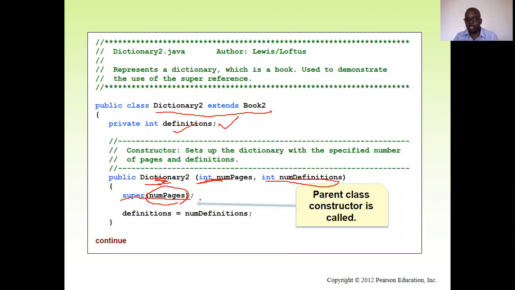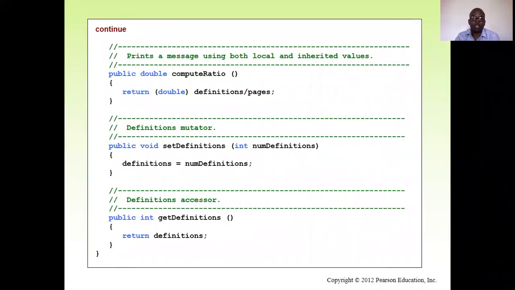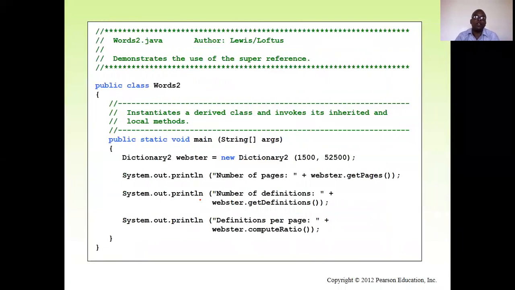Everybody happy? Great. All right, we have some more methods, compute ratio, set definitions, and so forth. And now we can use our driver class. We create an instance, an object Webster, which is of type dictionary 2.